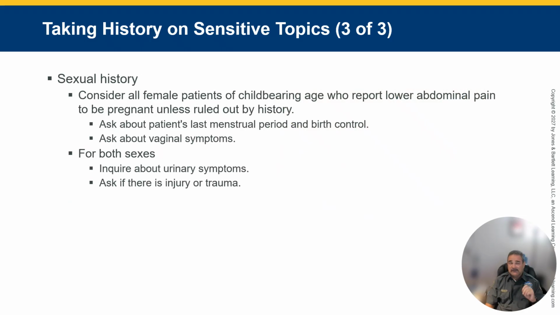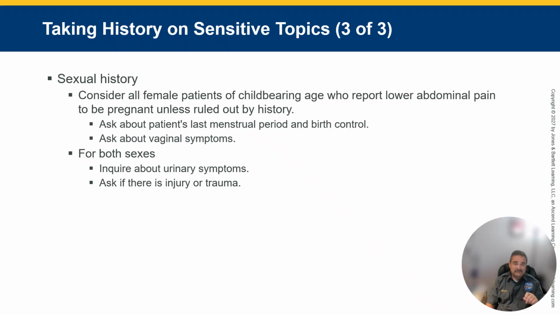Sexual history. Again, consider all female patients of childbearing age who report lower abdominal pain to be pregnant unless ruled out by history. Ask about the last menstrual period and if they use birth control or not. Ask about any vaginal symptoms, discharge, any odors, if you have a potential that you've miscarried, have you had a large menstrual cycle, those kinds of things.